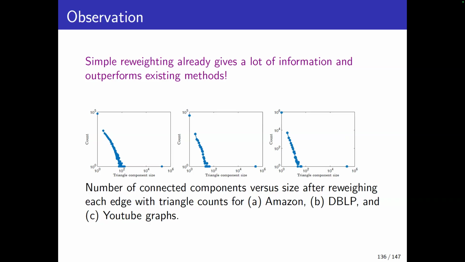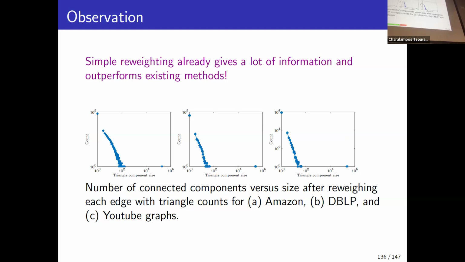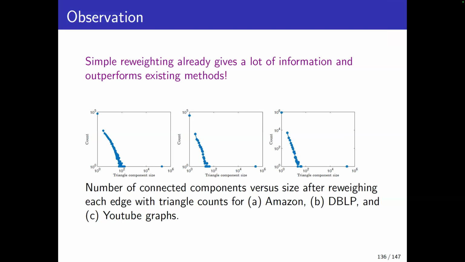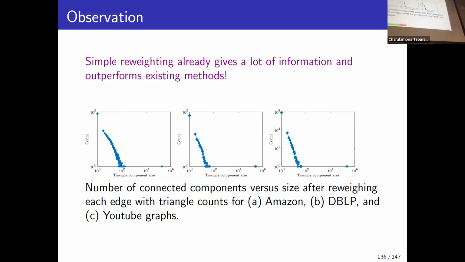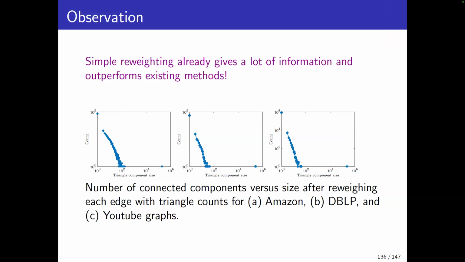If you take this unweighted connected component and you count the number of triangles and you reweigh the edges, without even doing spectral clustering, you disconnect the graph into multiple components immediately. So you immediately get some kind of partition of the graph.